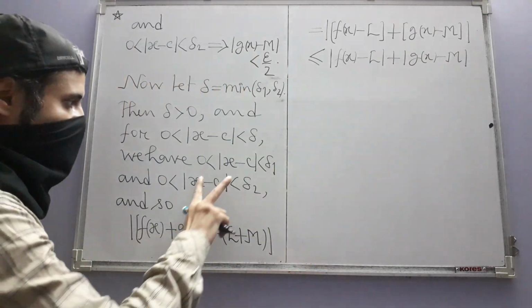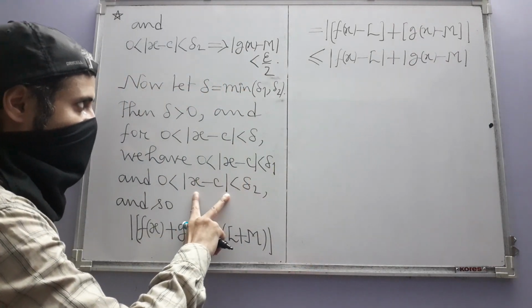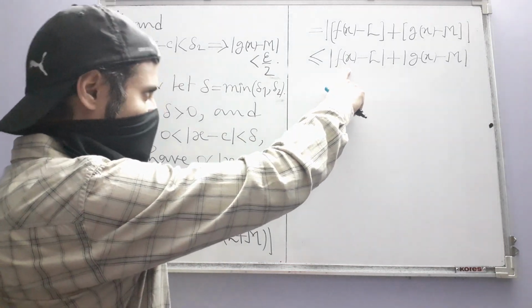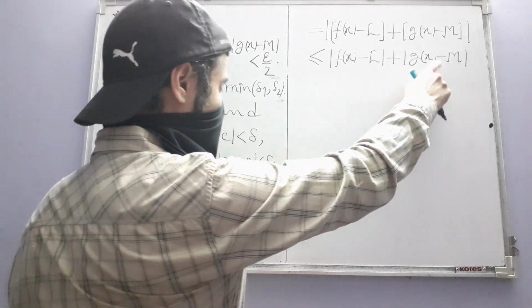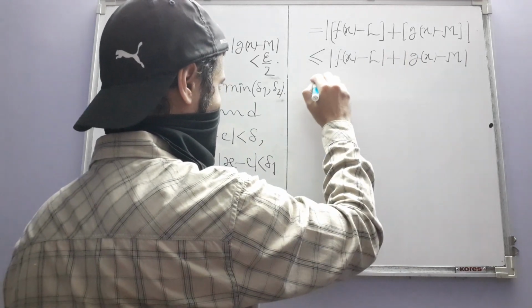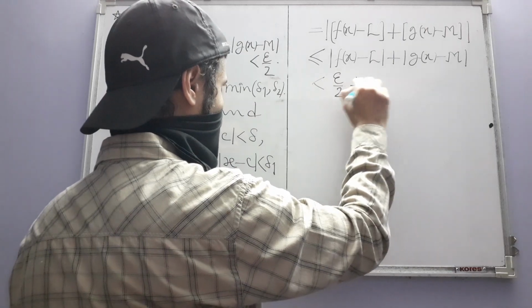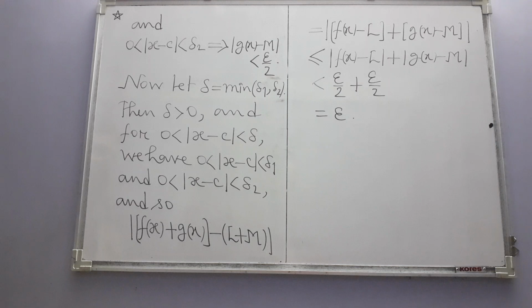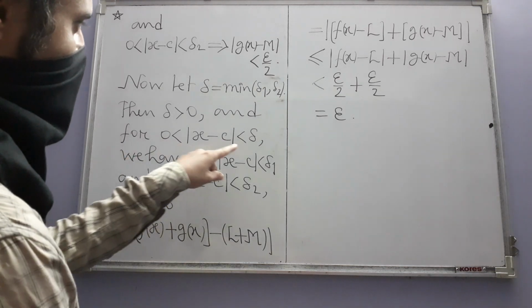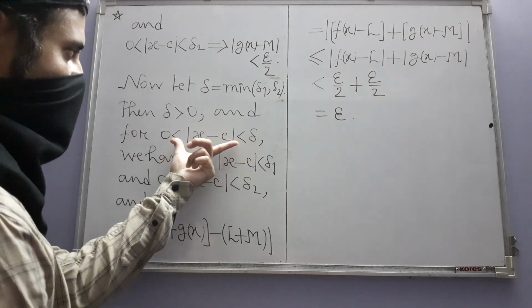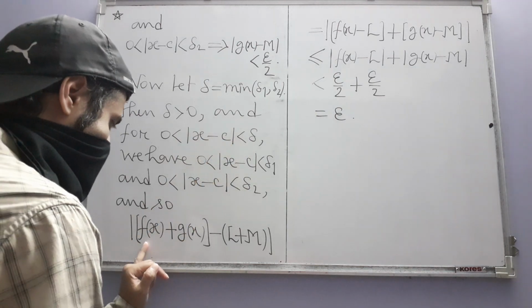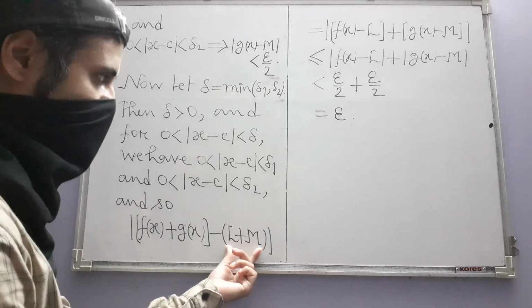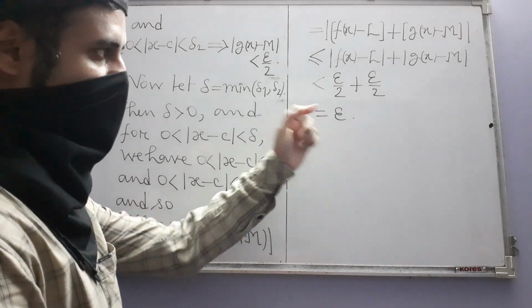However, because this as well as this is true, this is less than or equal to epsilon over 2, actually strictly less than epsilon over 2, and this one is also less than epsilon over 2. So we have ended up showing that there is such delta for which if these inequalities are true, then the distance between this new function and this new real number is less than epsilon.